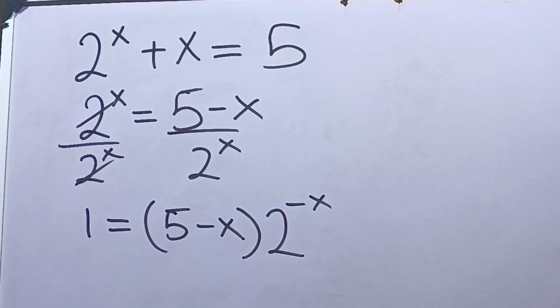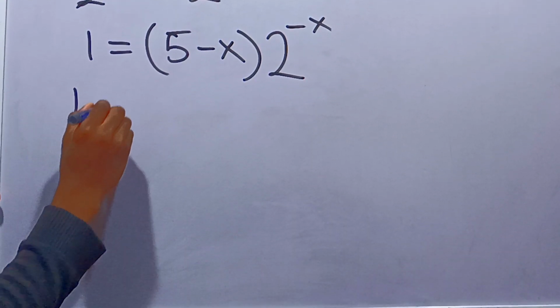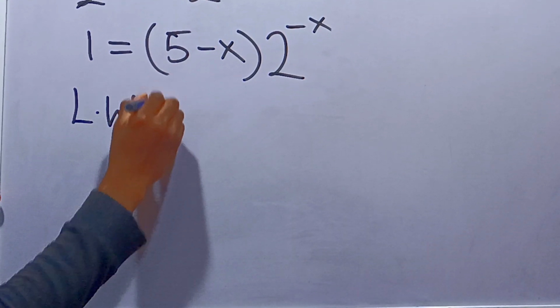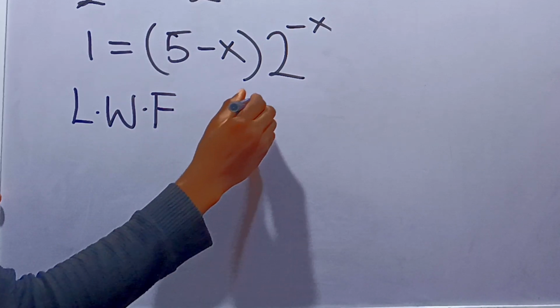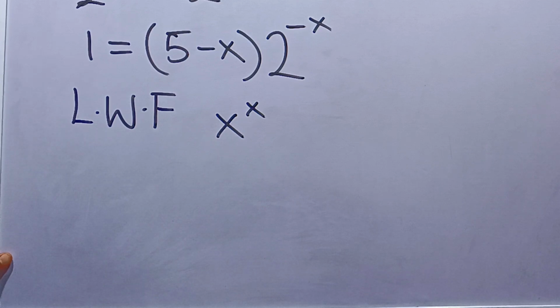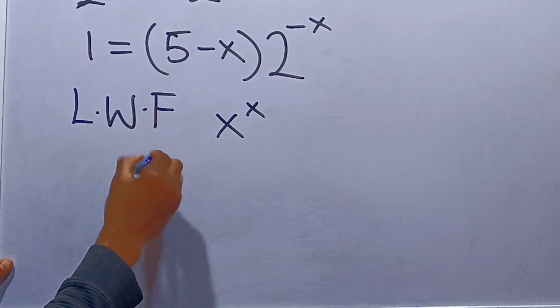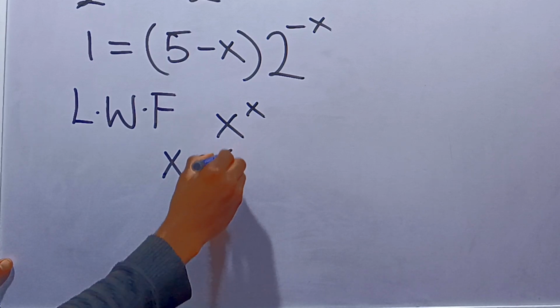Now we're going to use what is known as the Lambert W formula to approach this. And what does the Lambert W formula state? It states that when we have something that looks like x raised to the power x, with x being the power and the base, we try to express this in the form of x e to the power of x.